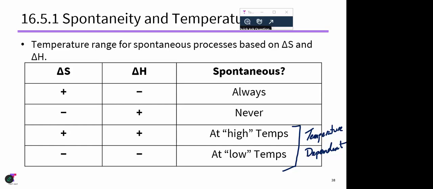Low is just relative to that flipping temperature. So if the flipping temperature is at 1,000 Kelvin, 950 Kelvin would be considered a low temperature for that system. And the reaction would still be spontaneous. If I went to the other side, if 1,000 is my flipping temperature and I do the reaction at 1,100, it's not going to happen.